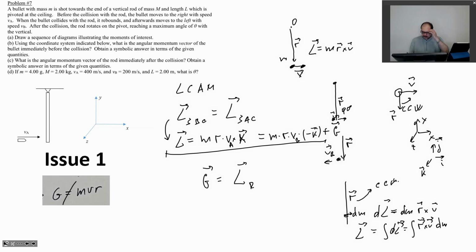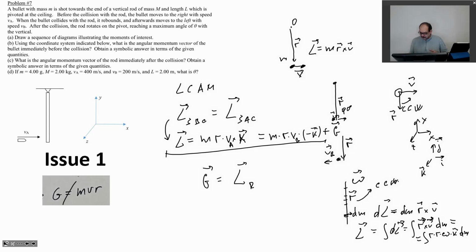Because this is a very simple motion, counterclockwise motion, all points of this rod will move with the same angular velocity. It's easier to rewrite it in terms of magnitudes, r times angular velocity, and this is again counterclockwise direction.